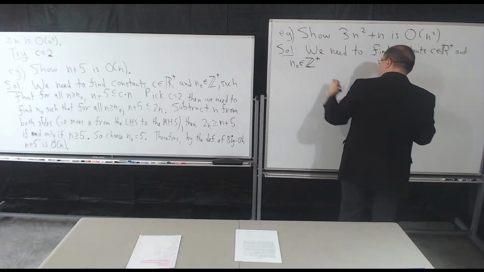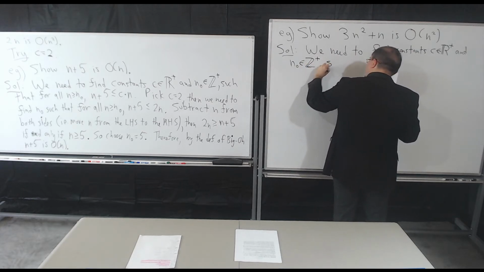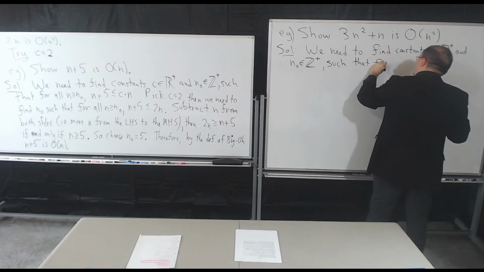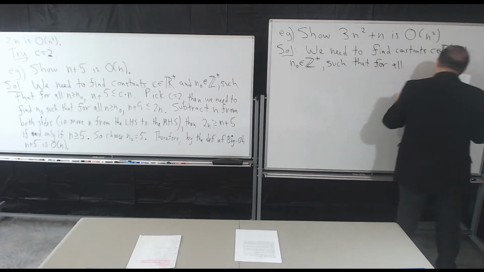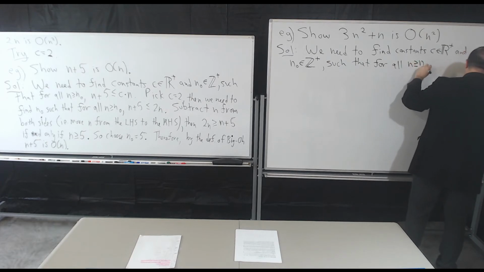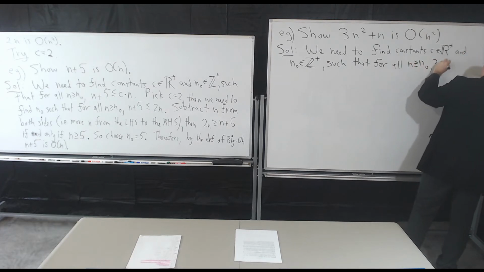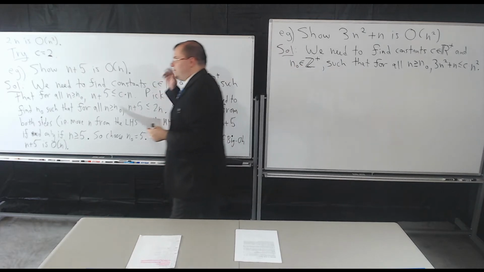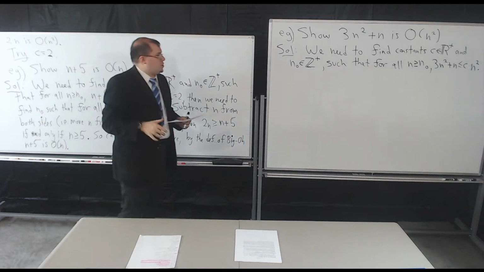Find constants C and n0 such that for all n greater or equal to n0, 3n squared plus n is less than or equal to c times n squared. So that's what I want to show, right? I need to find the c and the n0 such that this works.